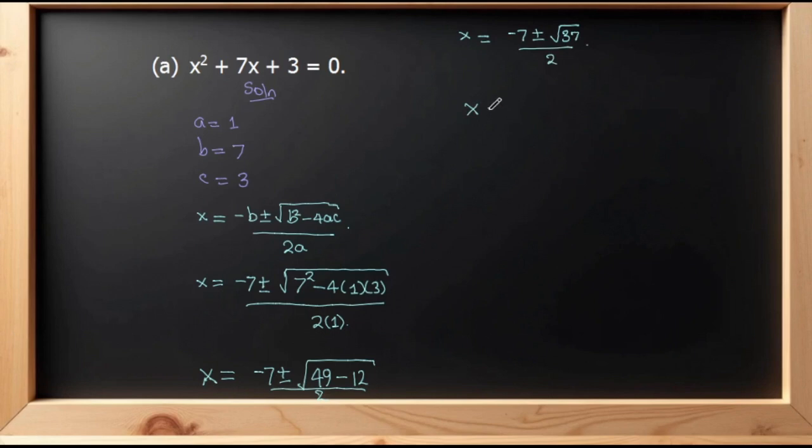Either x is given by negative 7 plus root 37, divided by 2, and we can simplify that.